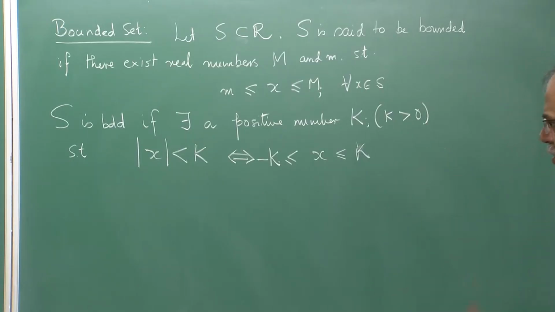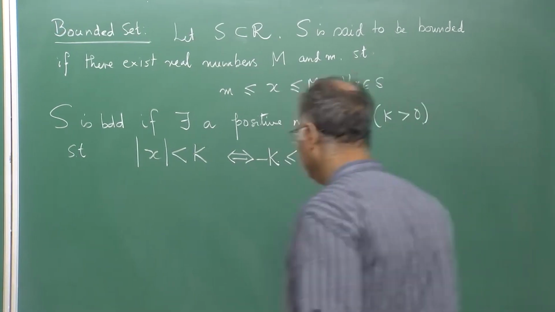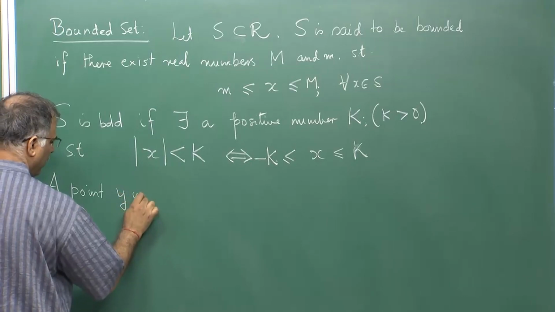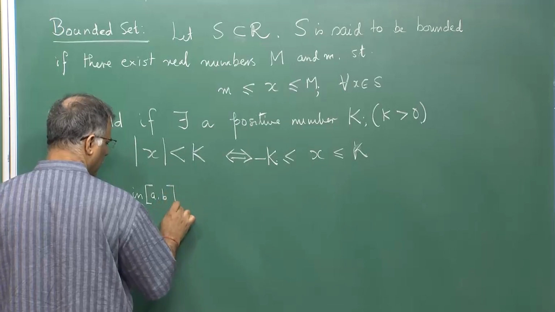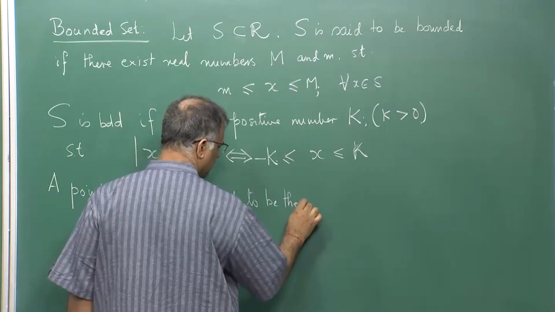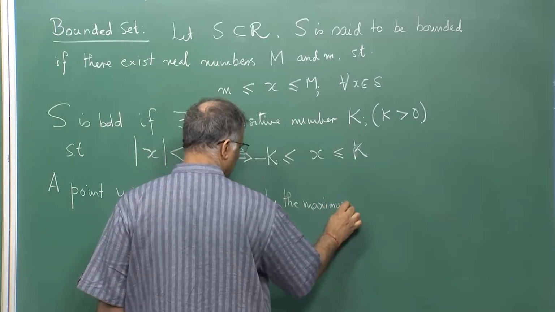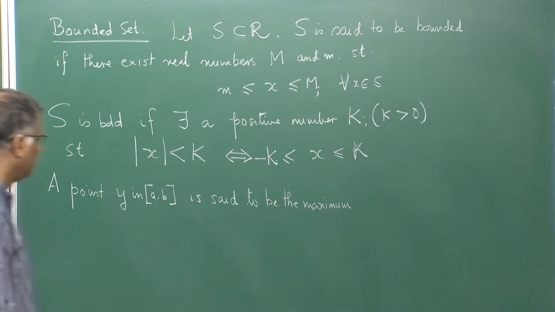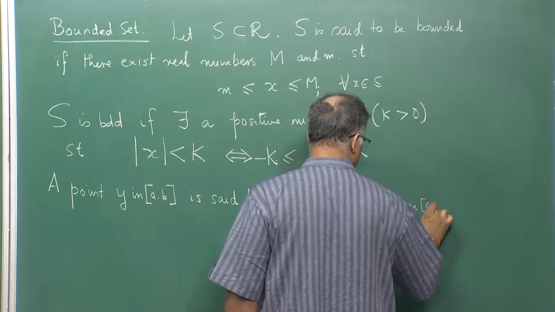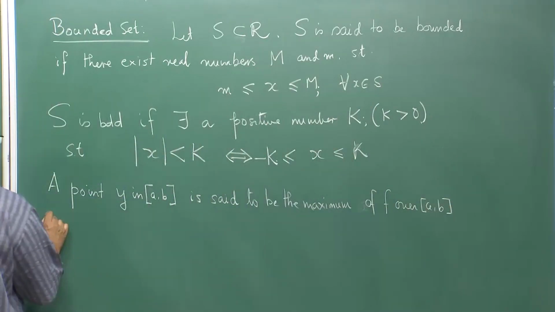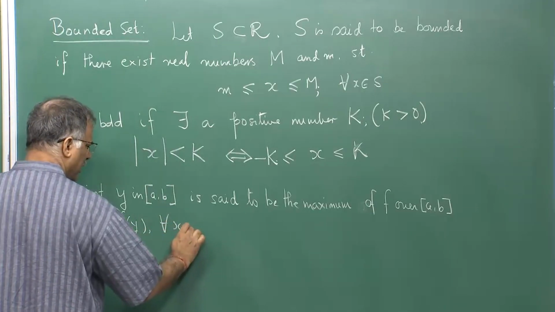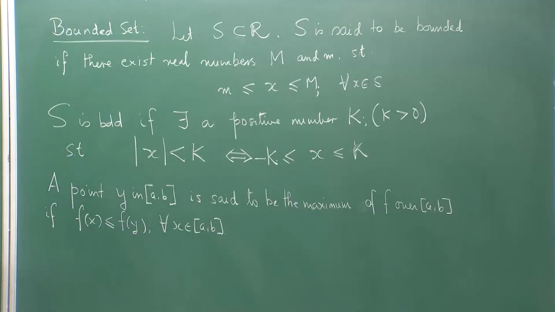I introduce two terms called the maximum and minimum of a function. So, a point y in [a, b] is said to be the maximum of f over [a, b] if f of x is less than or equal to f of y for all x in [a, b].